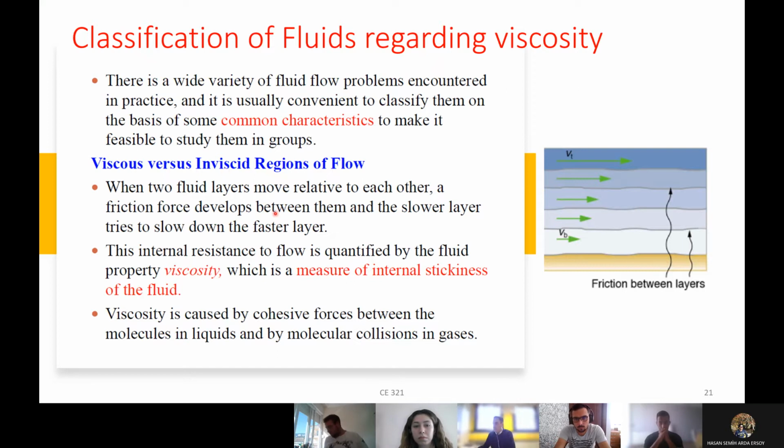You will see where the inviscid region is. Please listen carefully and answer my question. I said that when viscosity increases, which parameter increases?